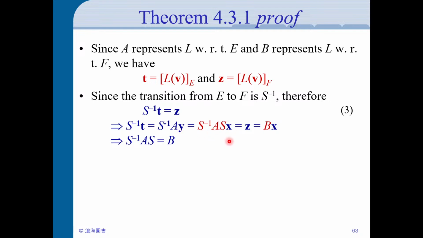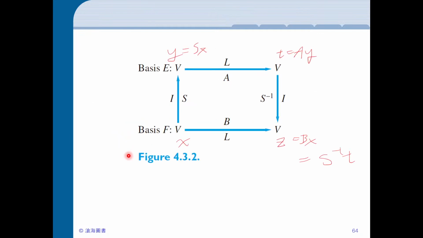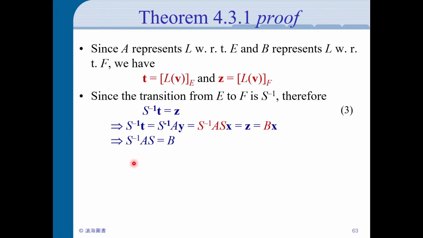So we have S minus 1 AS of x equal to Bx, and this should be true for every x. So we say that S minus 1 AS equals B. This is really a long way around, but finally we string everything together and we find B equals S minus 1 AS. Any question?